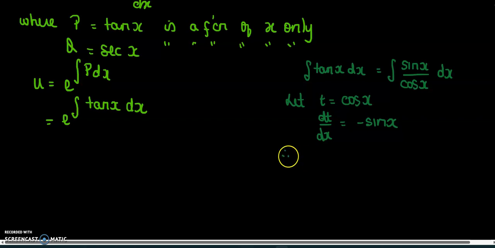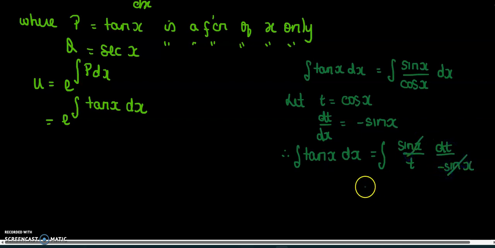Therefore, the integral of tan x dx is equal to the integral of sin x over t by dt over minus sin x. This cancels off. So the integral of negative 1 over t dt is equal to minus ln of t plus c, or minus ln of t. We don't need the c at this point, which is equal to minus the ln of cos x.